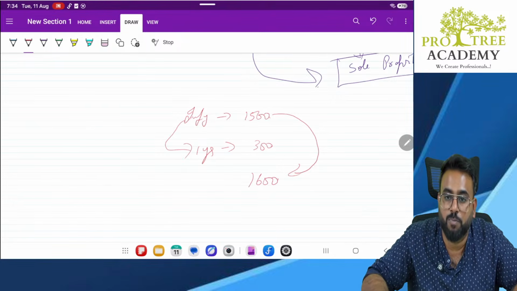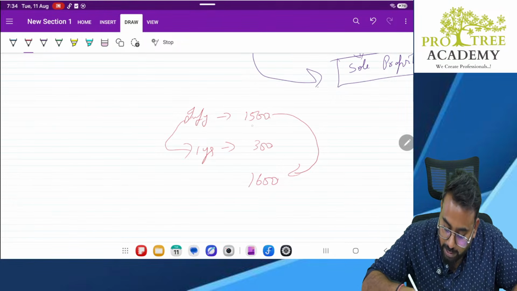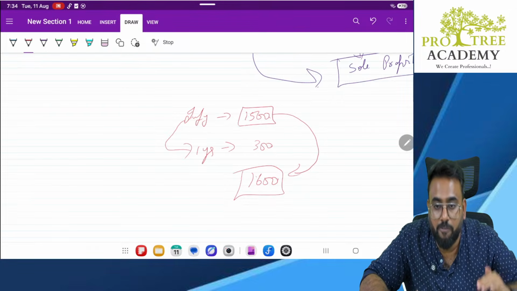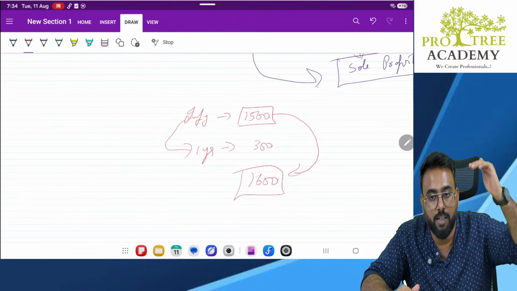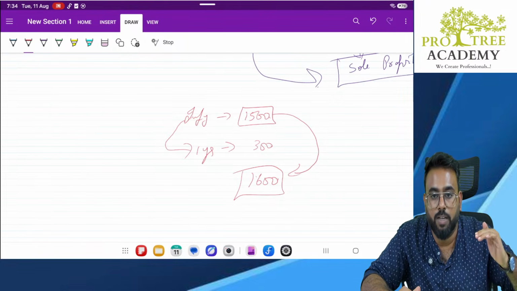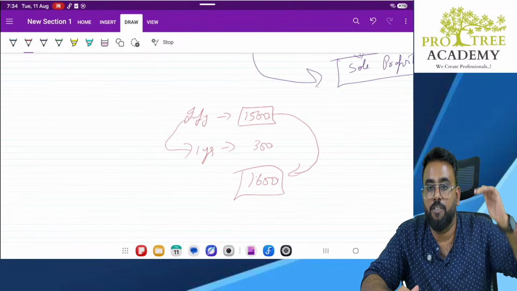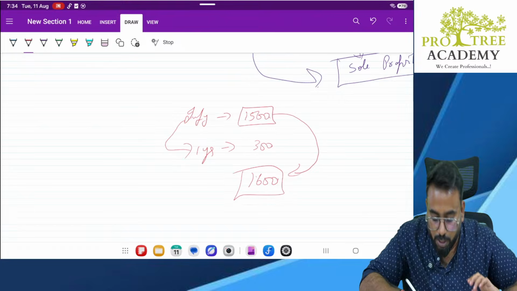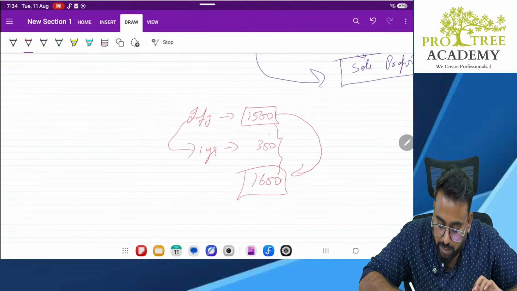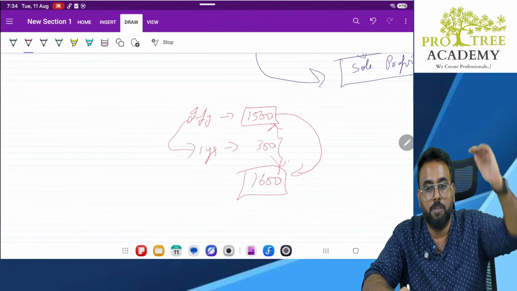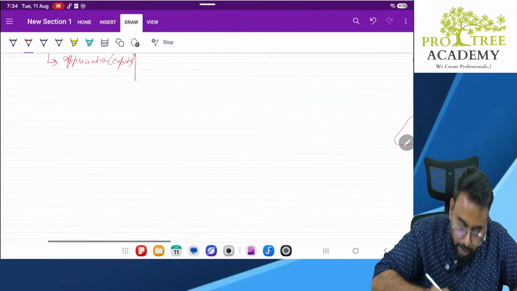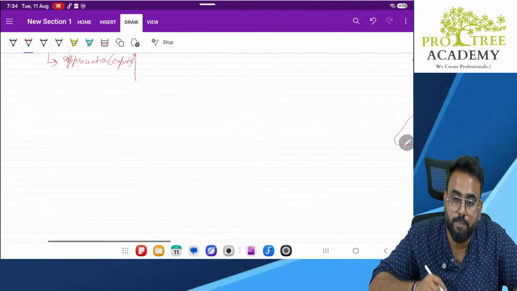From 1500, it has gone up to 1600. Has my share value appreciated? Appreciated means going up. Yes, my share value has appreciated. So my expectation of investing is to have the appreciation of value. So these are my two primary sources of income.